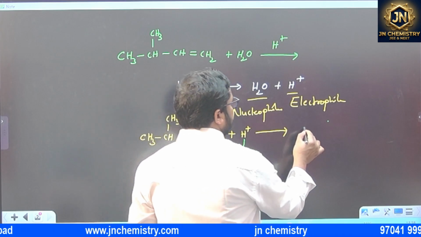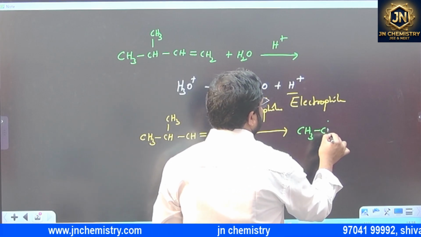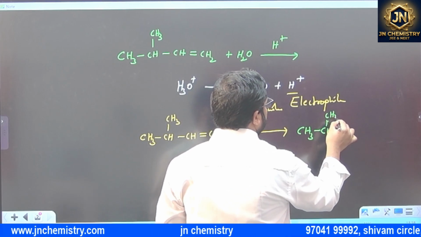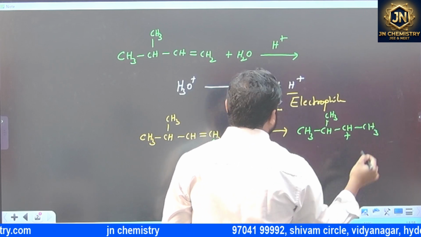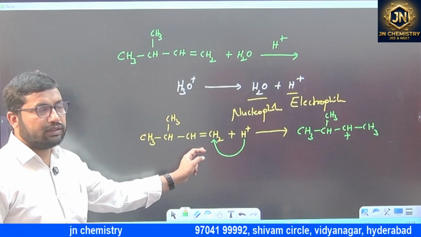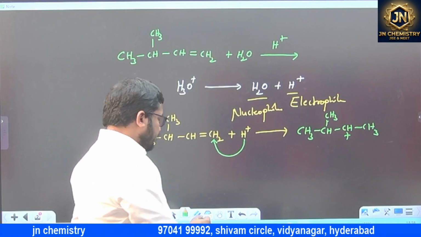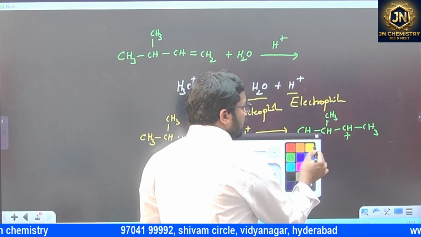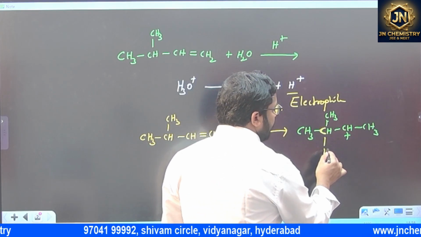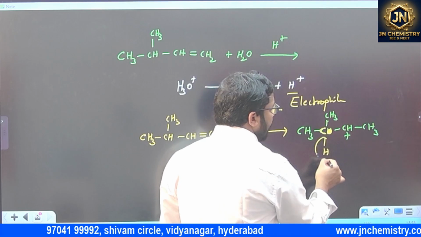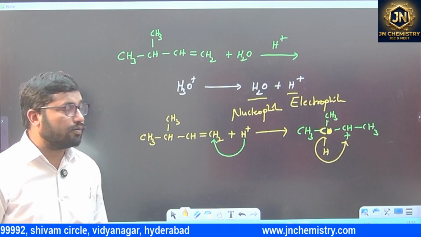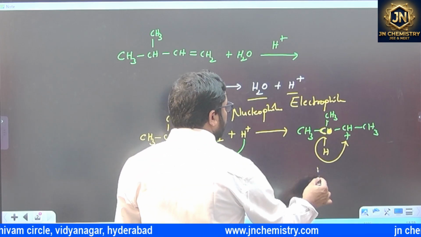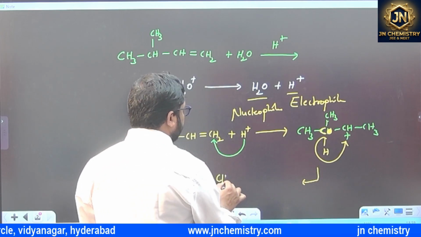So directly I am writing that. CH3, CH3, CH positive charge, CH3, CH2 plus H, CH3 is coming. So once again same here, Nana. Tertiary carbon is here. So this hydride shift takes place because we'll get a stable 3-degree carbocation.